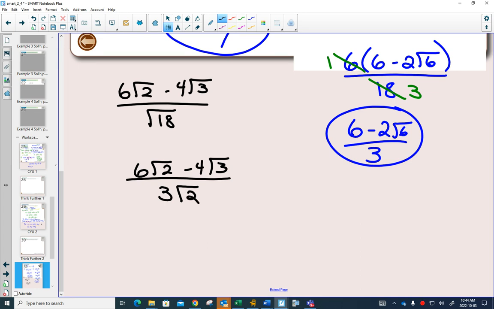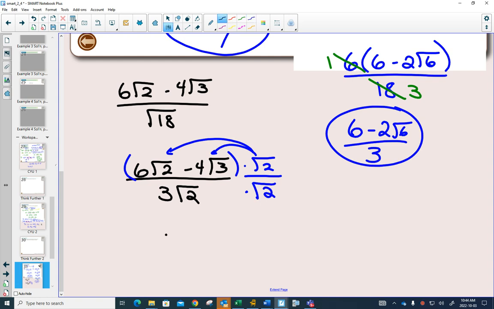If I decided to simplify the square root of 18 first, now to get rid of the square root, I don't need to multiply by root 18. All I need to multiply by is a root 2. So I multiply by root 2 on the top and the bottom. What do I get?